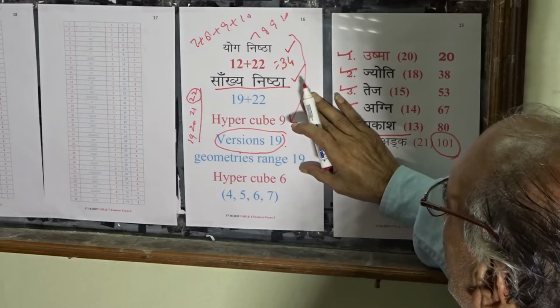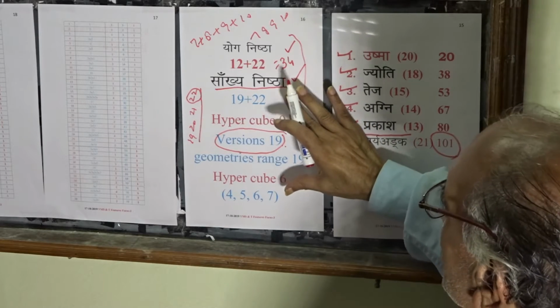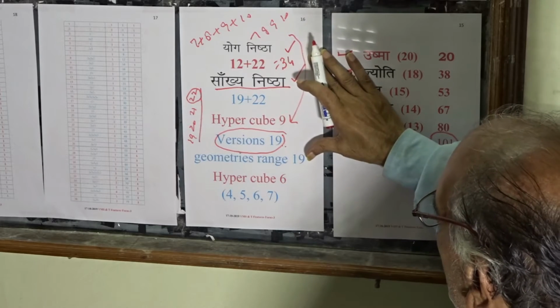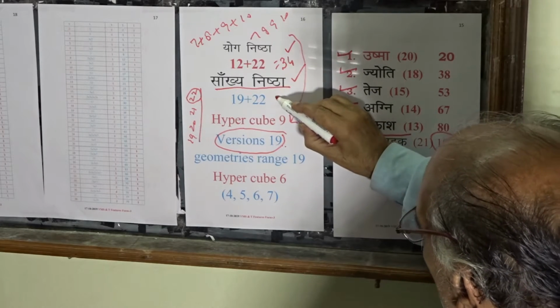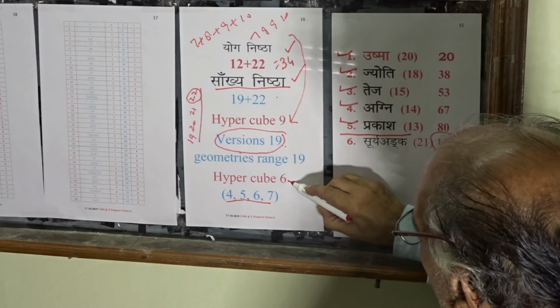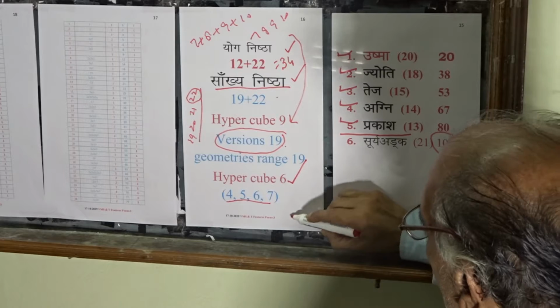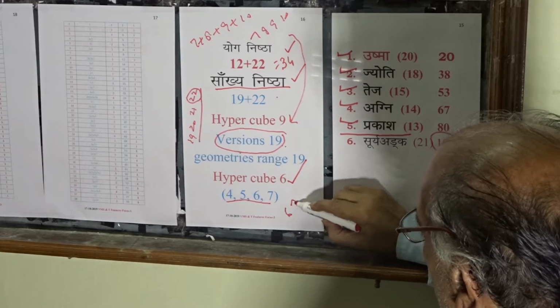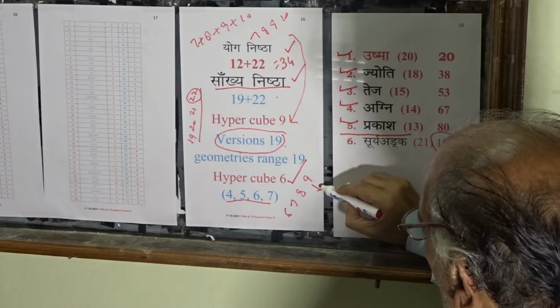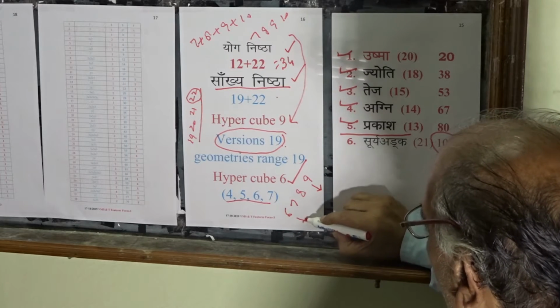reaching at Sankhya Nishtha parallel to the Yoga Nishtha with value 22 as of 4, 5, 6, 7 of the fourfold manifestation layer of hypercube 6. So reaching from hypercube 6 to hypercube 9 with 9 space as the origin, 6 space as a dimension.